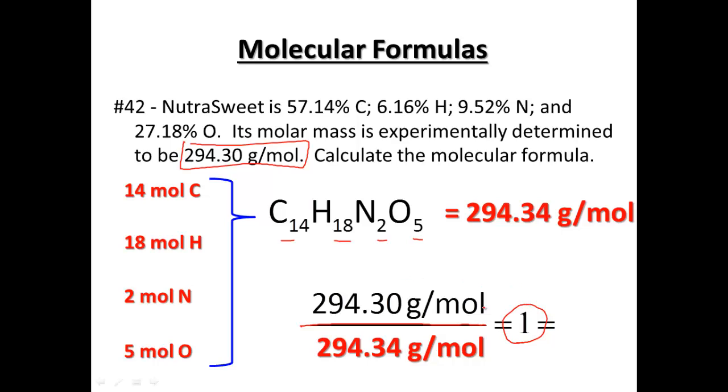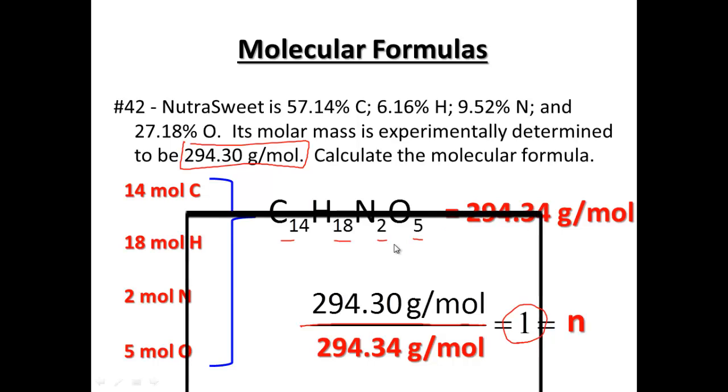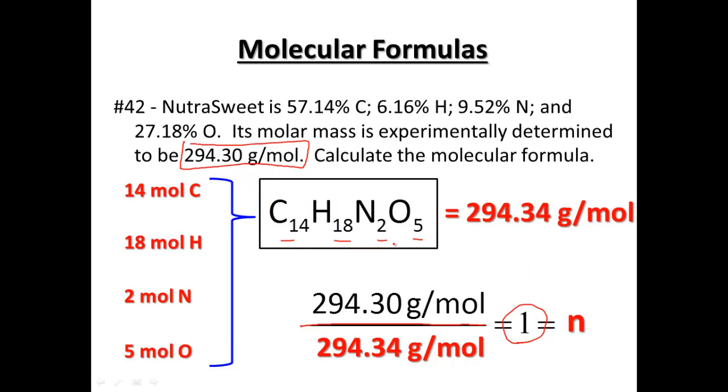So if we were to multiply by 1 the 14, 18, 2, and 5, our empirical formula and molecular formula are the same. So this chemical formula for NutraSweet is C14H18N2O5. So calculating our molecular formula, we've got to go that extra step, knowing the experimental data or information in order to actually calculate it.